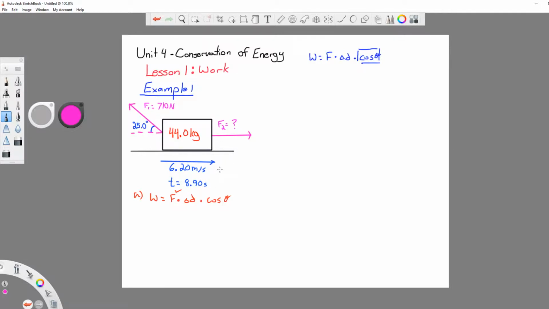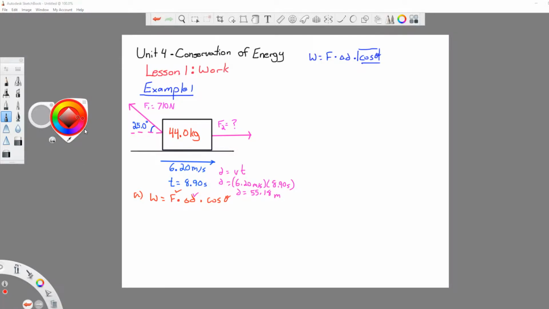So with constant velocity and time, we can say that distance is equal to velocity times time. So distance is equal to 6.20 meters per second times 8.90 seconds. The distance works out to be 55.18 meters.